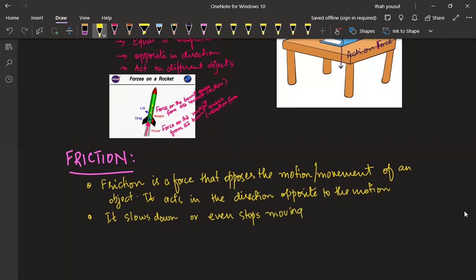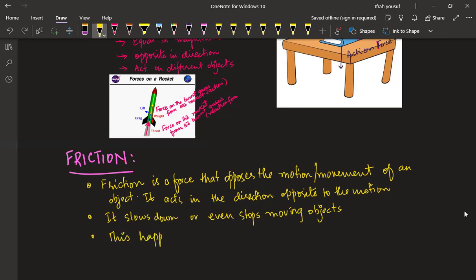Why does friction happen? When we rub two surfaces, even when we rub our hands, what do you feel? There's heat. The heat indicates that the force is there, and that is the friction.